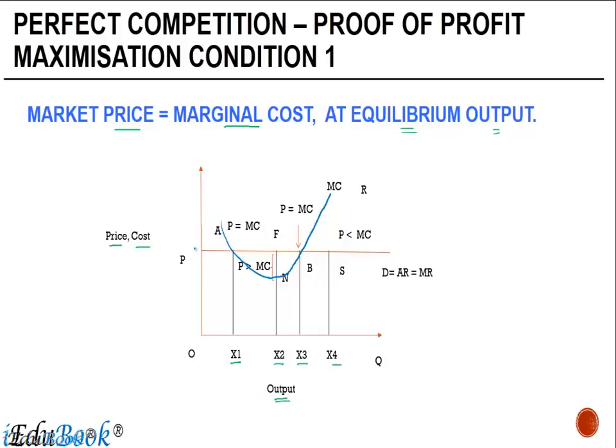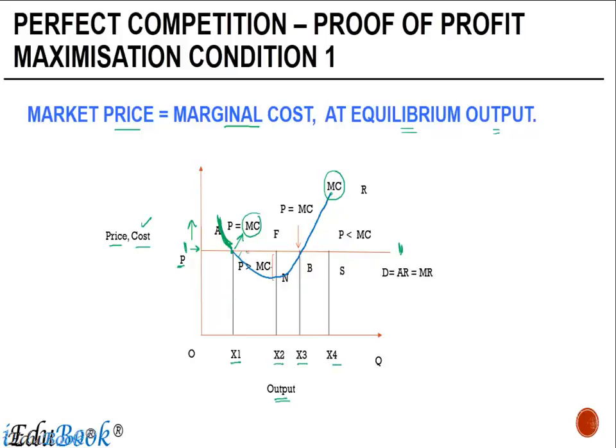The price curve is given by this red line spreading from this point to this point, and the marginal cost curve starts from point A and goes up to point R. Now if you notice, for this particular part, the marginal cost is higher than the price. At this point, the price is equal to the marginal cost.